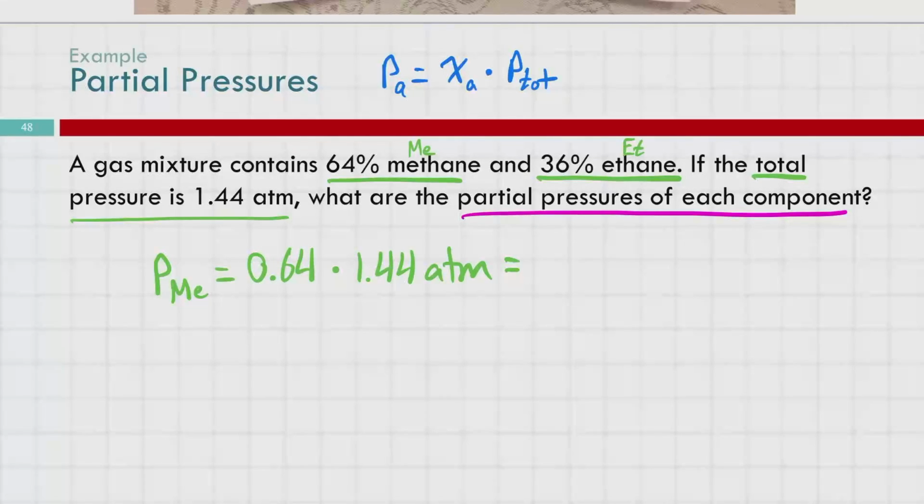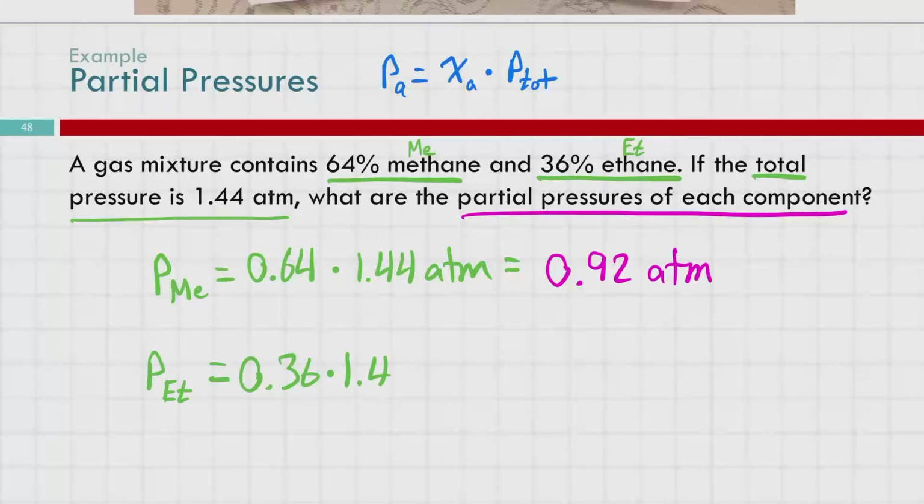And we get a value of 0.92 atmospheres. And then for P et, our partial pressure of ethane is 0.36 times 1.44 atmospheres.